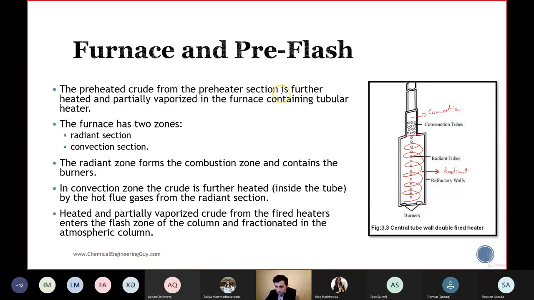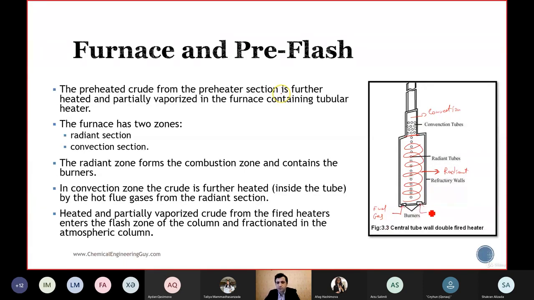Okay, so for burners we use fuel gas. It can be C1, C2, sometimes even C3, C4, and LPG is used. And we need air, of course. We need oxygen. These are at around 25 degrees, ambient temperature.